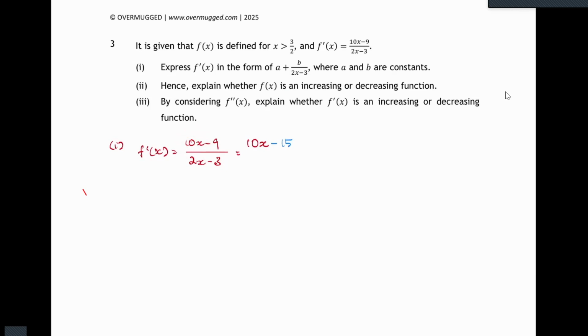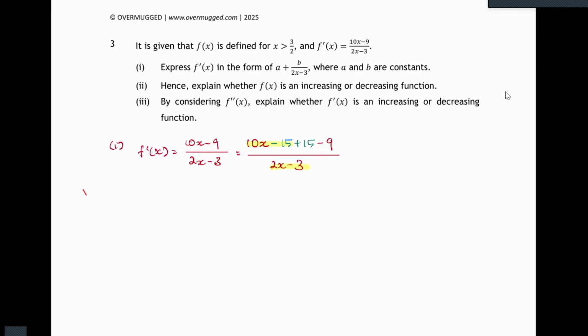So I will compensate by adding a 15. Then the 9 is originally there. Then the whole thing, I will divide by 2x minus 3. Once I have this, then 10x minus 15 can just nice divide by 2x minus 3 without remainder.